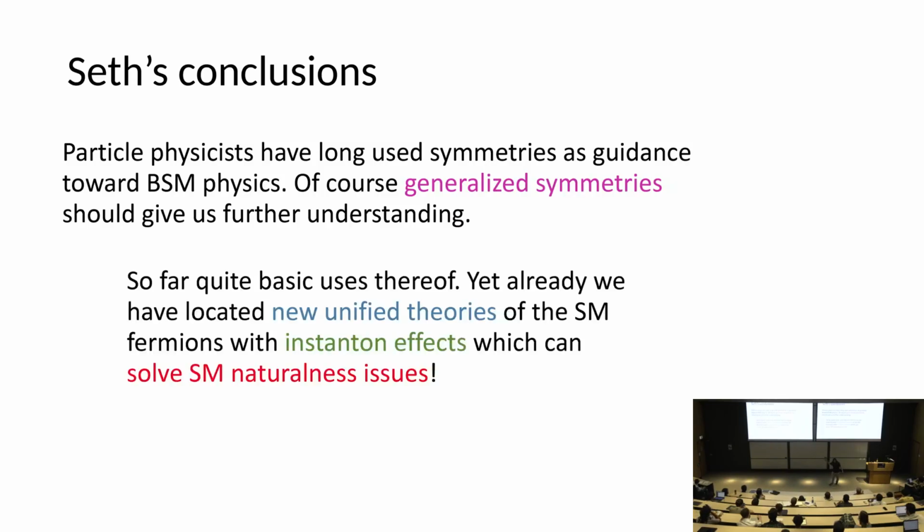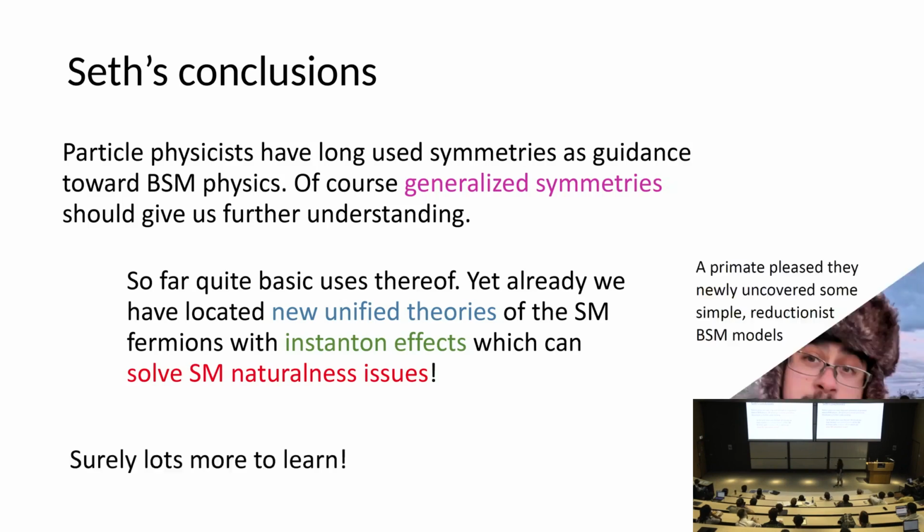As you can tell from my talk, so far my uses of generalized symmetries have been quite basic. And yet, already we found new unified theories of the standard model fermions that have interesting instanton effects that can potentially solve standard model naturalness issues. So I think surely there is lots more for particle physicists to learn from generalized symmetries, and I look forward to it. Thank you.